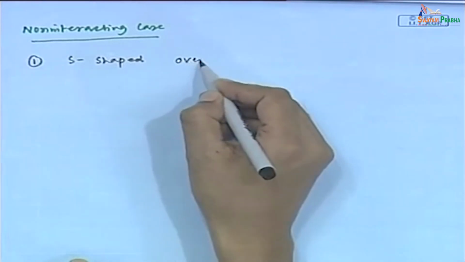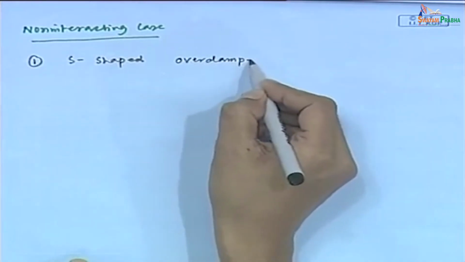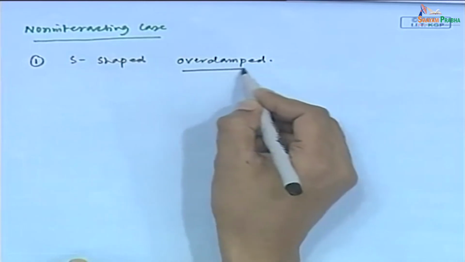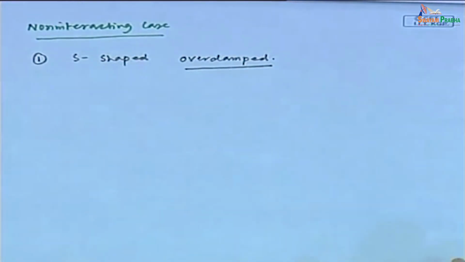S-shaped response. That means the response has the characteristics of an overdamped system, that is the S-shaped behavior, and the response is also sluggish.